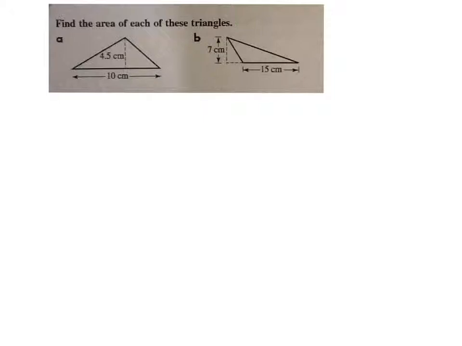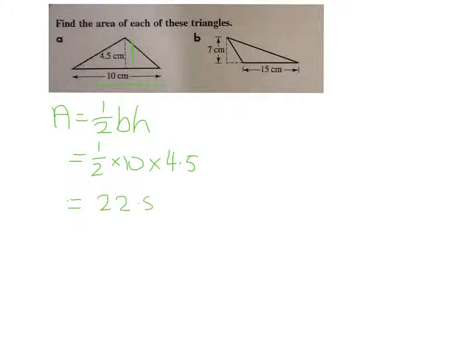So for the first one here, area equals a half multiplied by base multiplied by height, which is a half multiplied by, the base in this instance is 10, multiplied by the height of 4.5, which is going to equal half of 10 is 5, and 5 times by 4.5 is 22.5. Now again, we have centimetres as the units, so we need to write the area as square centimetres.